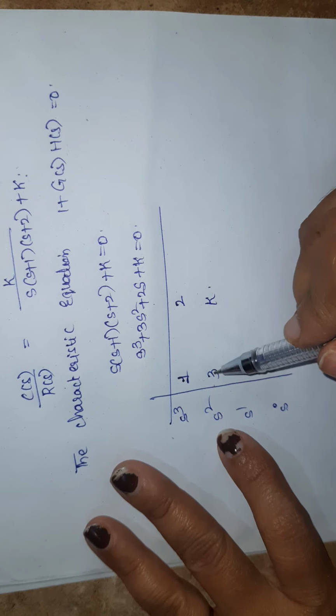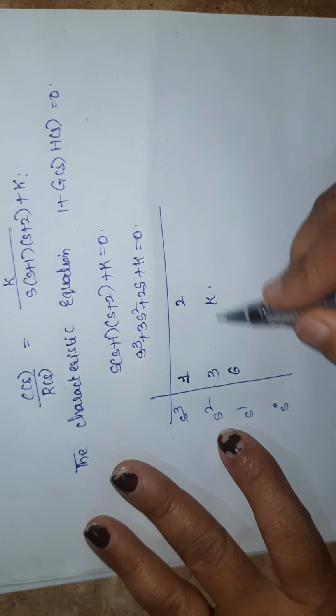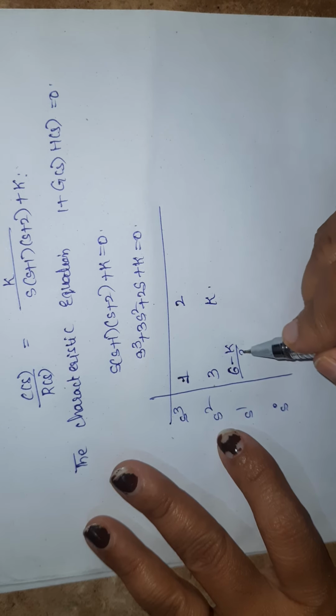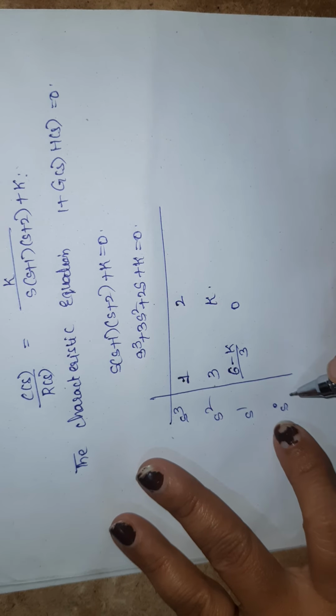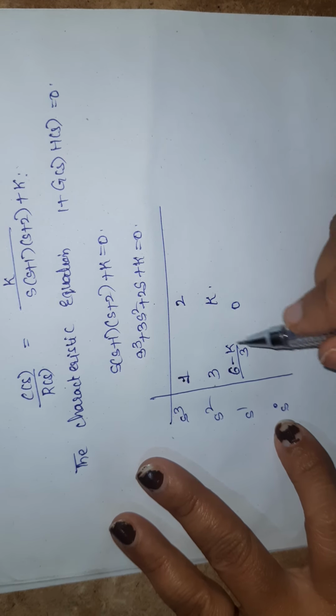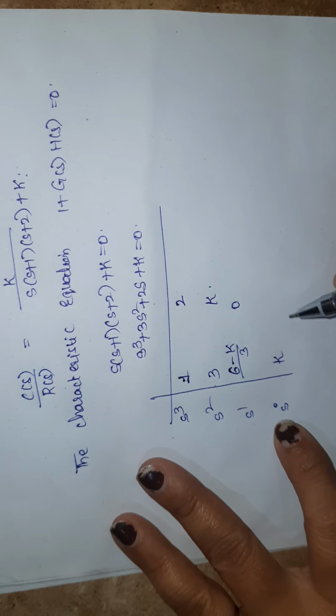So how do we find it? (3×2 − K)/3, that is (6 − K)/3. Next we have zeros, so it will be 0. Next, from the last row, I'll get only K.